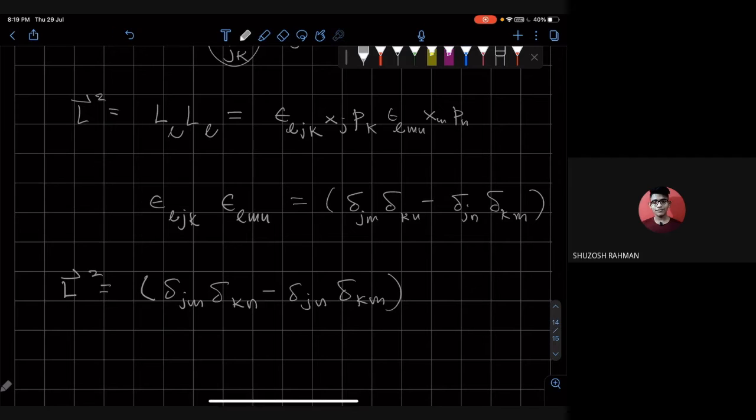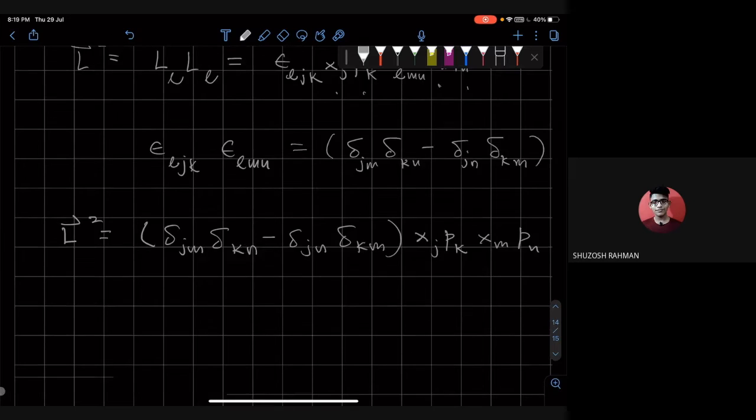In other words, I've summed over l. This is what I get. And then I have these other guys, the operators. We have to be careful to keep the ordering of the operators. We cannot change the ordering, because we have to use the commutation relationship whenever we change the ordering.